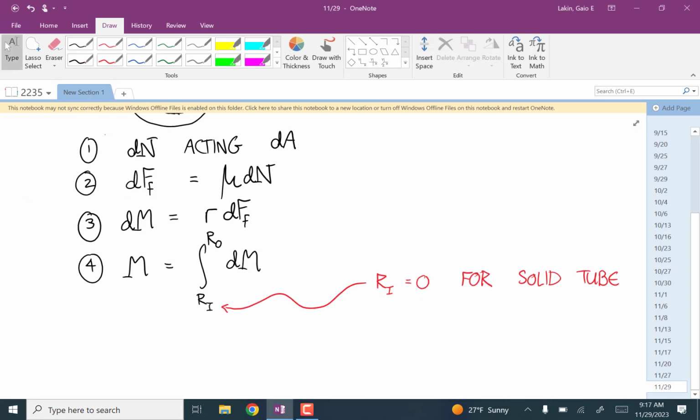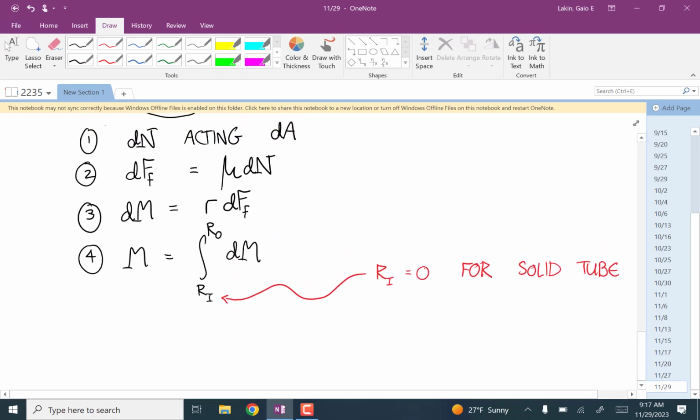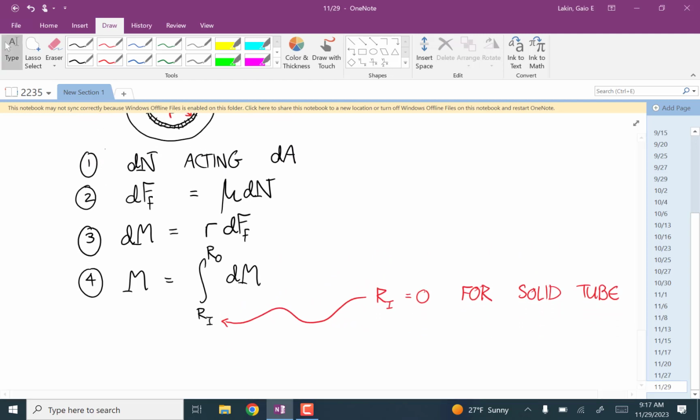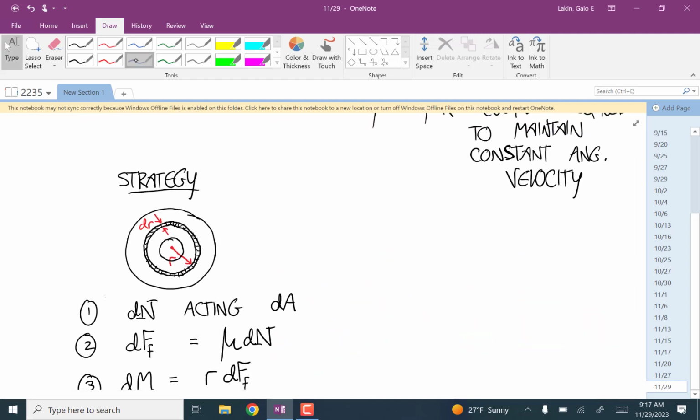Okay, so let's go through this calculation. I'm going to just use these values. I'm going to say the outer radius here is big R outer. The inner radius is big R inner.